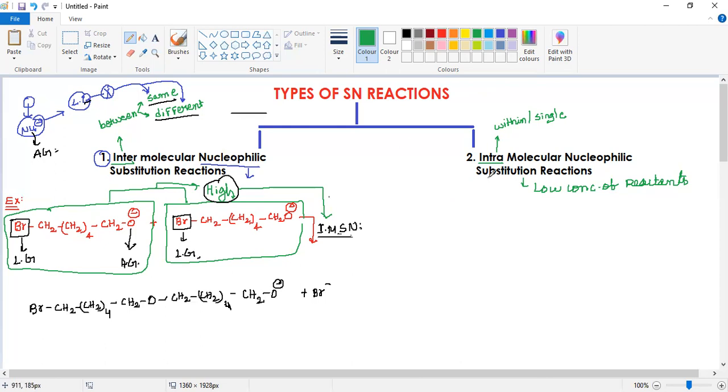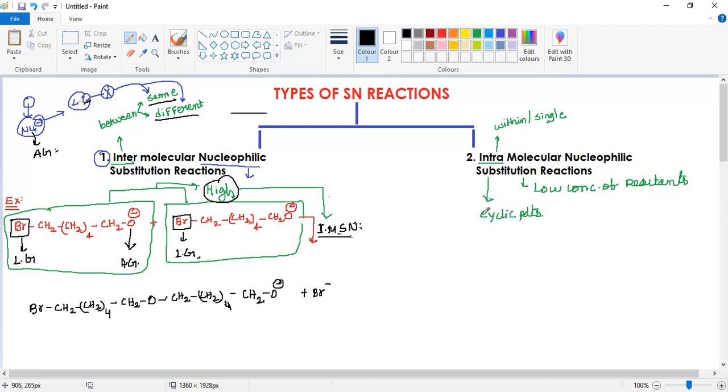Intramolecular nucleophilic substitution reactions always give cyclic products. If the intramolecular reaction forms a 5 or 6 membered ring, cyclic products form.